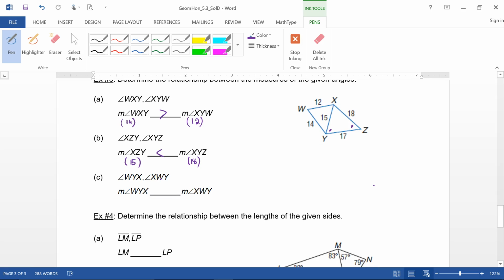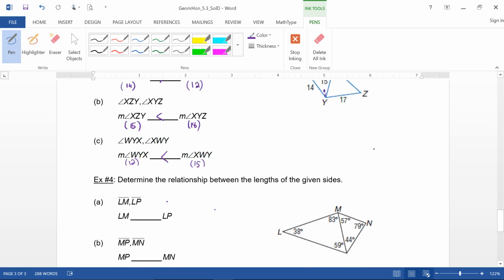All right, so next we have WYX and XWY. Okay, so which one does XYW face? This one. 12. And the next one? 15. So it's going to be that way.